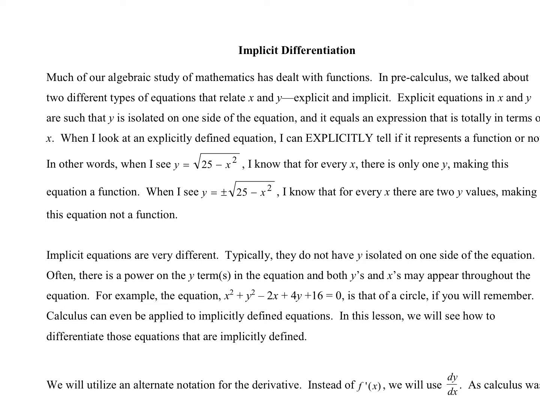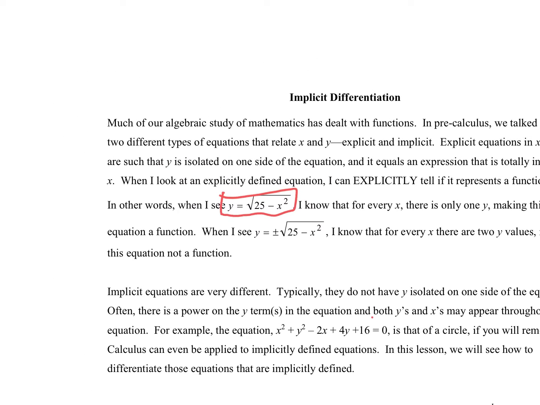Implicit differentiation talks about a function solved for y, and I could do this problem: y equals the square root of 25 minus x squared.